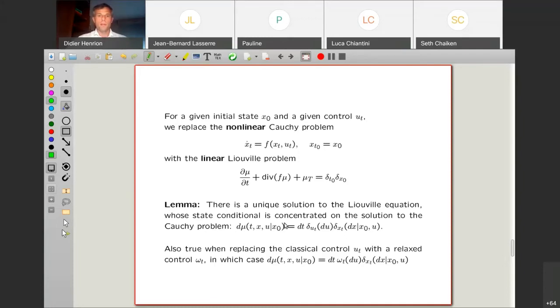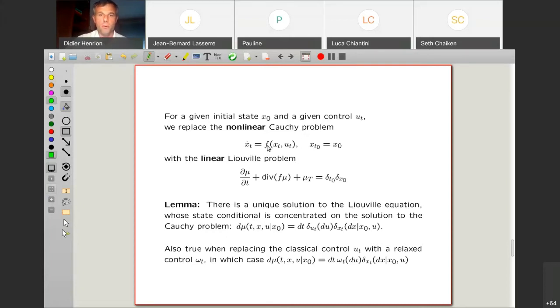So basically, it's a method of characteristics. If you're familiar with analysis, the characteristics of this first order transport PDE are precisely these ODEs. And this is a way to prove that, given the right-hand side here, there is a unique solution to the Liouville equation, provided there is a unique solution to the Cauchy problem.